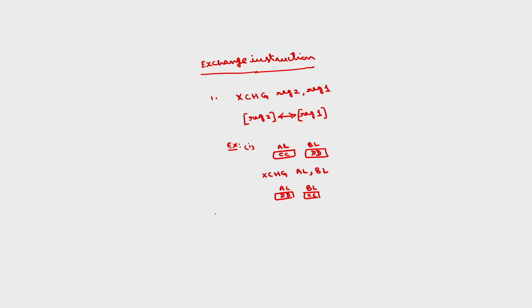Then the second exchange instruction is exchange between memory and register. The contents of the register are exchanged with the memory contents. Which memory location? There are 5 ways to specify the memory.